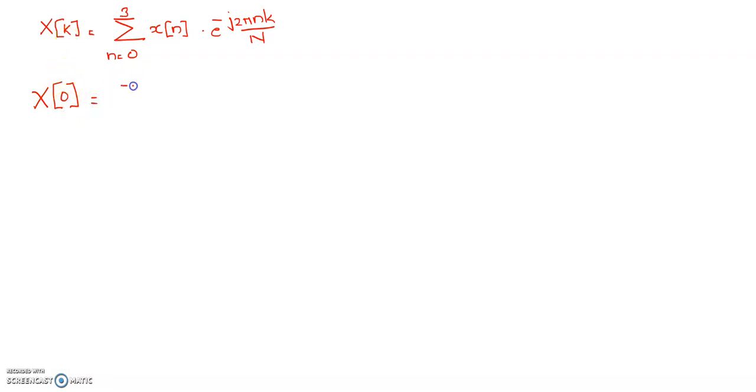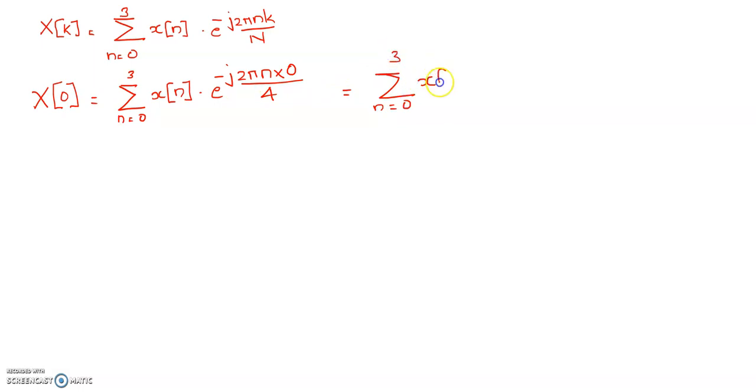So when we expand the summation, it becomes n equal to 0 to 3 x of n e raised to minus j 2 pi n, and since k is 0, this entire term becomes 0 by 4, since capital N is 4.